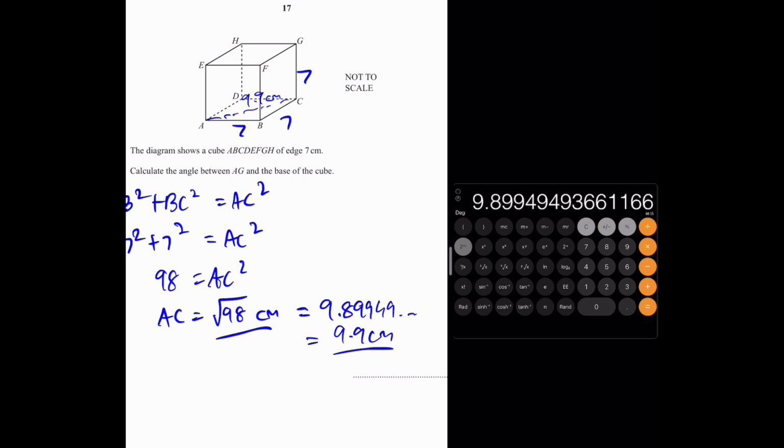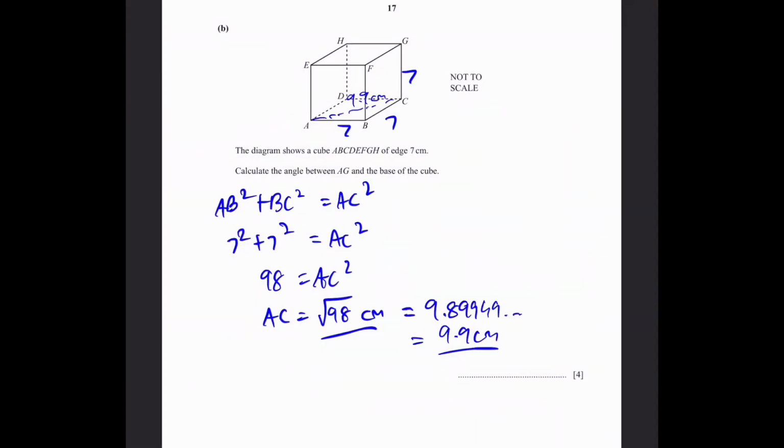Let me just draw the triangle out on the screen. So let me just move the calculator for a bit. The triangle ACG is actually simply a right angled triangle. So it looks something like this with ACG right angle, and AC is 9.9 centimeters, CG is 7 centimeters, and now to find this angle which G makes with the base, that will be angle GAC.